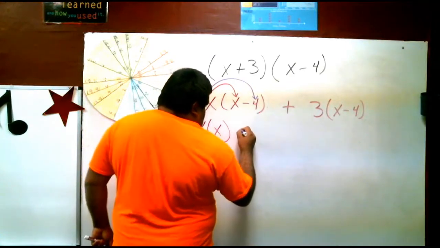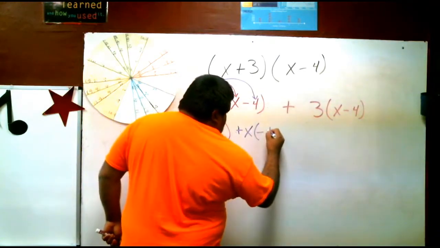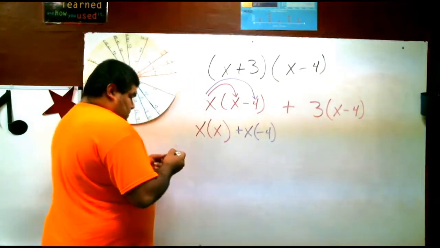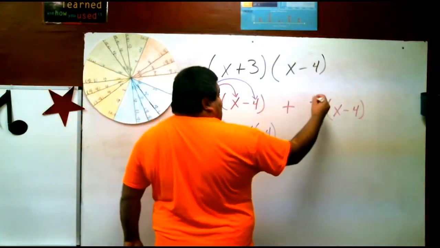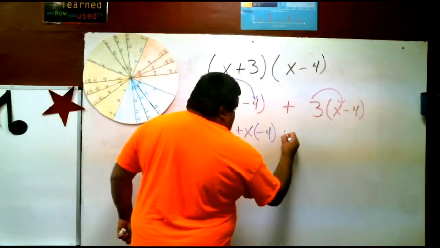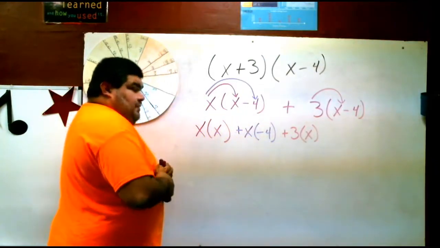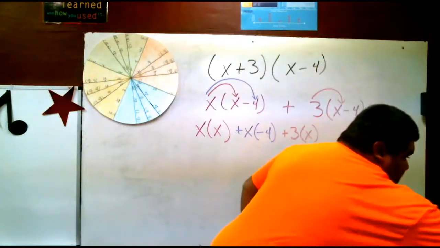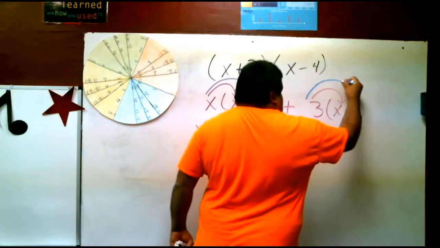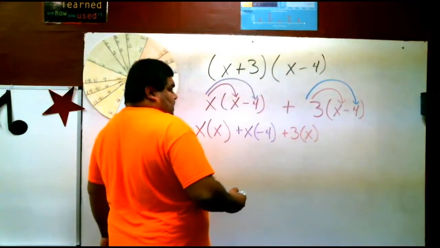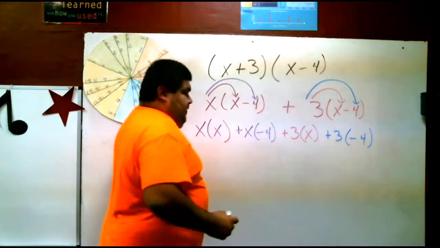So we have x, since the outside is positive, plus x times negative 4. Then we do the other term, positive 3 times x, so plus 3x. And then finally, we have positive 3 times negative 4.